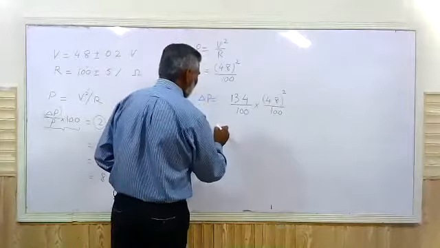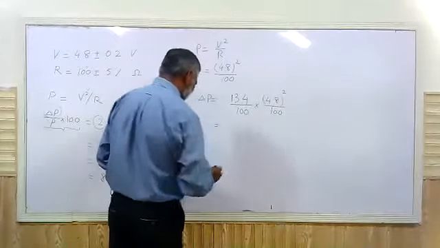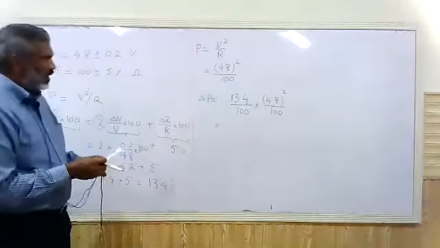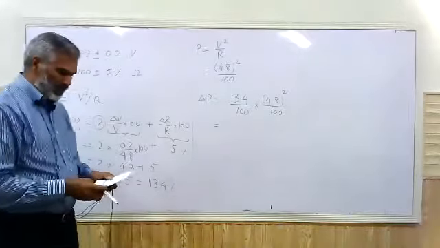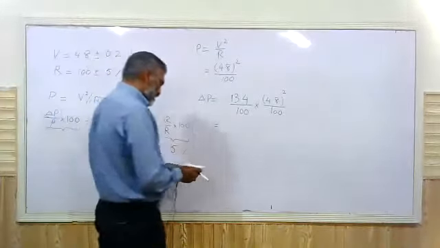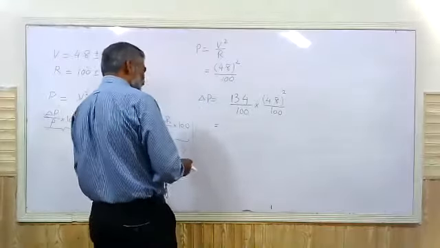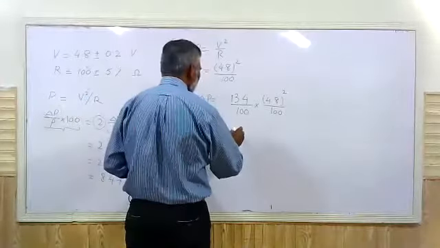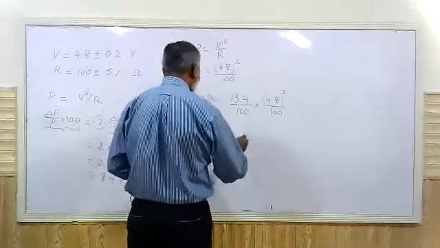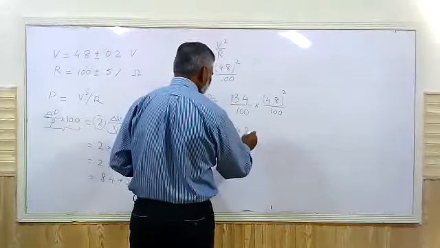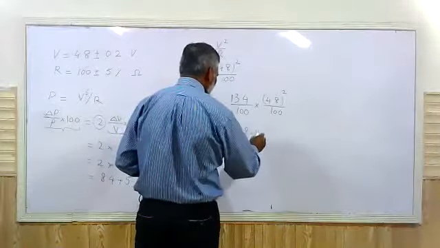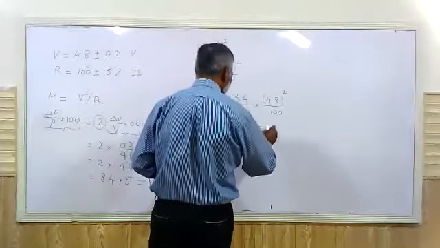So this is our final answer of delta P. I have not done this calculation, but let's assume this number is something like 4.8 into 10 raised to the power minus 4.